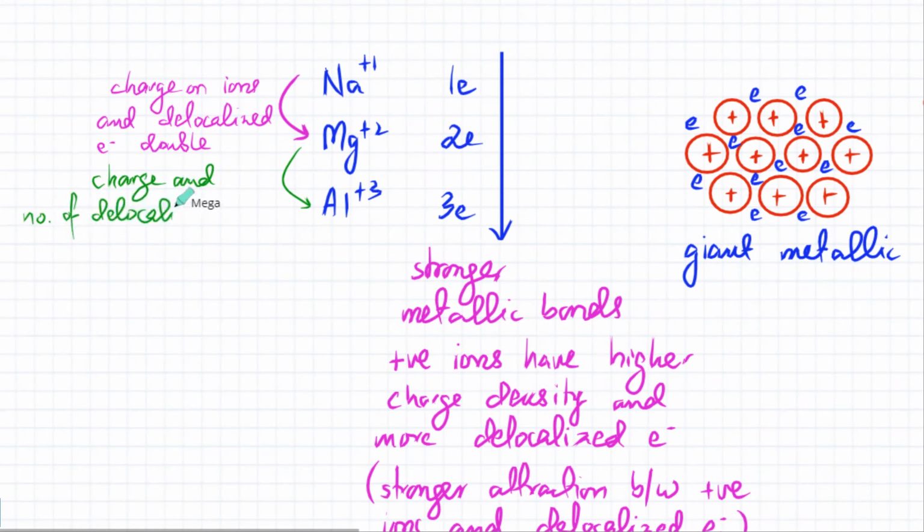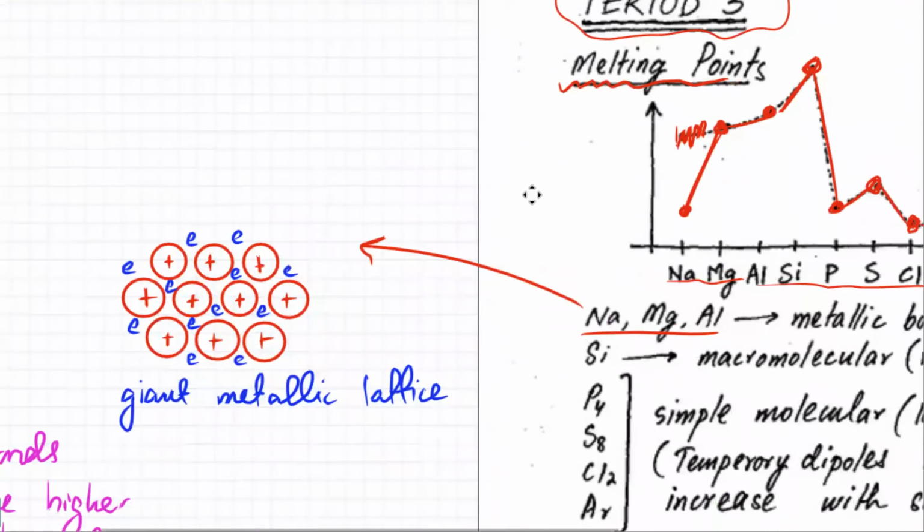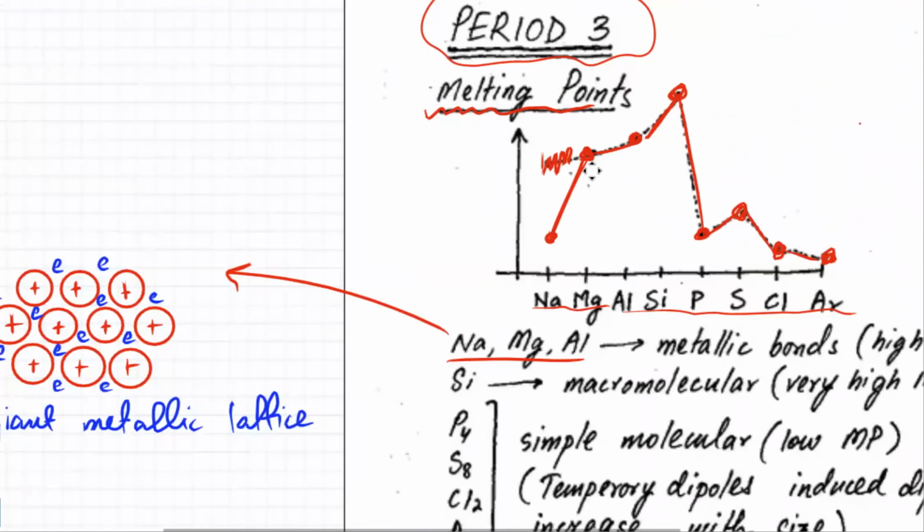It doesn't double. Over here, in the first scenario, they increased by 100%, which is why the strength of the metallic lattice increased a lot. But when you move from Mg to Al, it doesn't increase by the same amount. So the melting points are kind of similar for Mg and Al, but Na is a lot weaker. Is this clear?